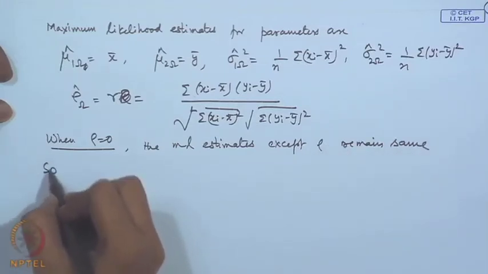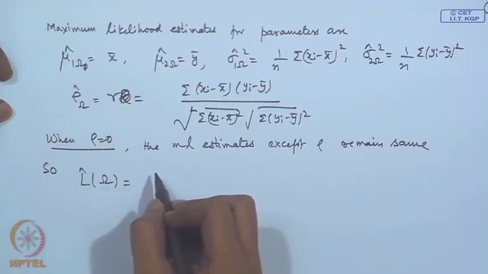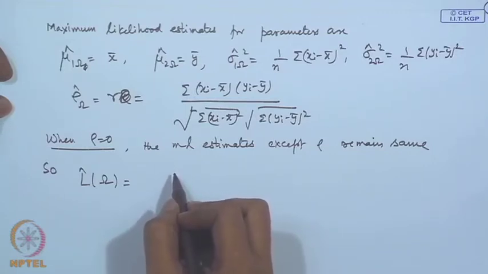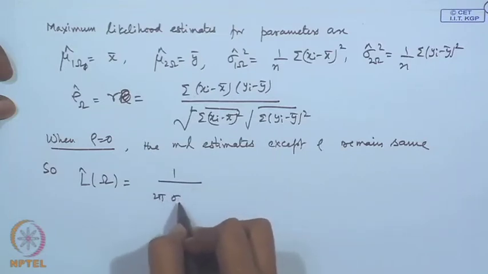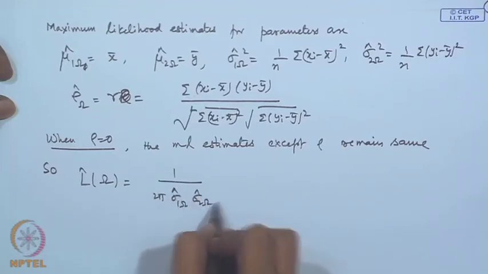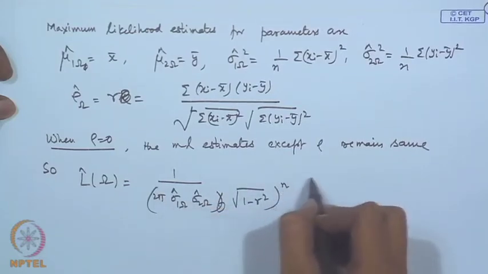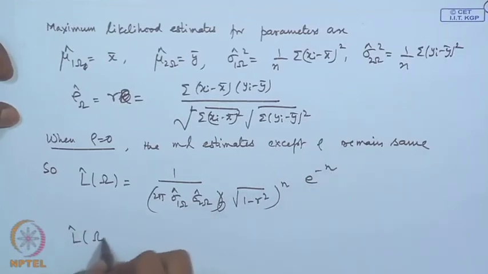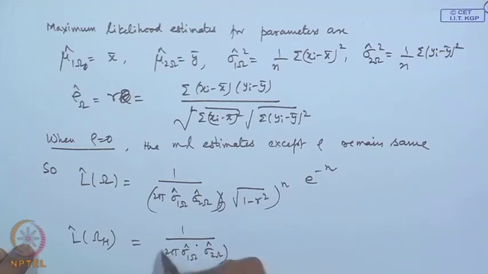So, we get then L hat omega, that is equal to (1 by 2 pi sigma 1 hat sigma 2 hat square root of 1 minus r square) whole to the power n, e to the power minus n, and in L hat omega h, except this term all other things will be the same. So, it will become equal to (1 by 2 pi sigma 1 hat sigma 2 hat) to the power n, e to the power minus n.